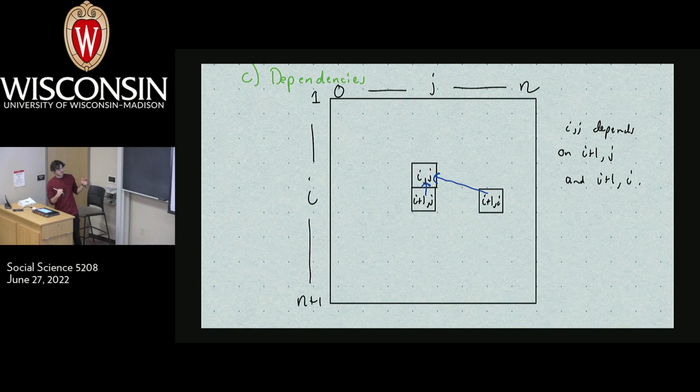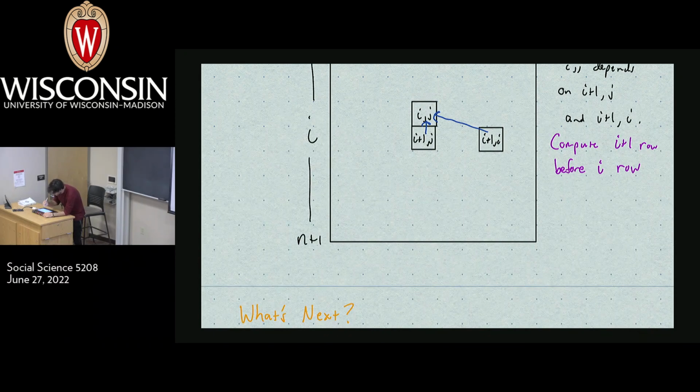If I had to summarize this in one word, I would say we need to compute the i plus 1th row first. It doesn't really matter the order in which we process each thing in the row. All that matters is that we have this row already completed before we go on to the next row above. So part D, which is the evaluation order, is kind of built into this picture.